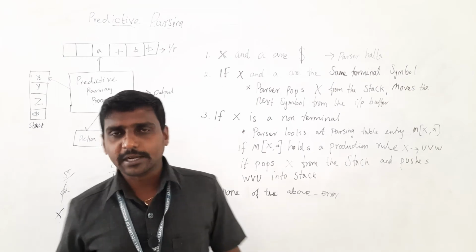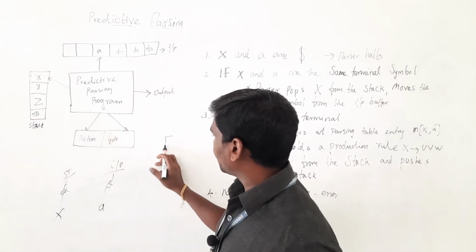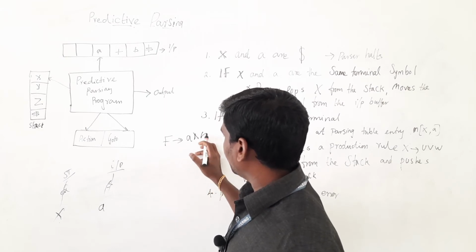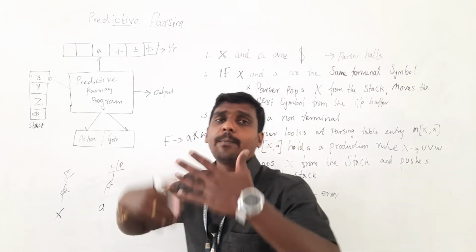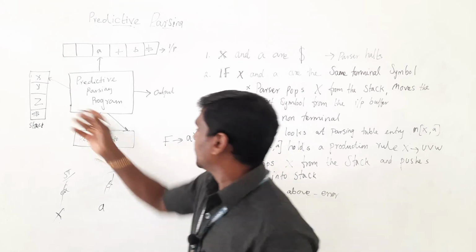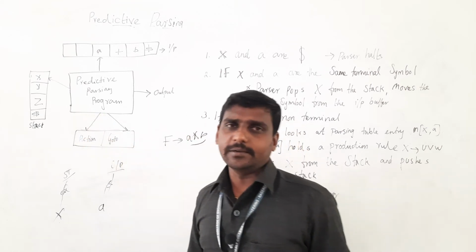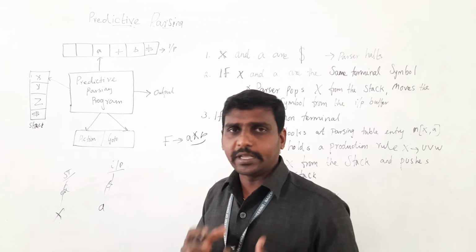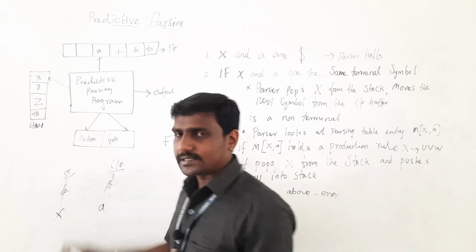If the production is F tends to aXb, we have to push it onto the stack in reverse order, clear? I will explain it while doing a problem. You have to understand these three scenarios.